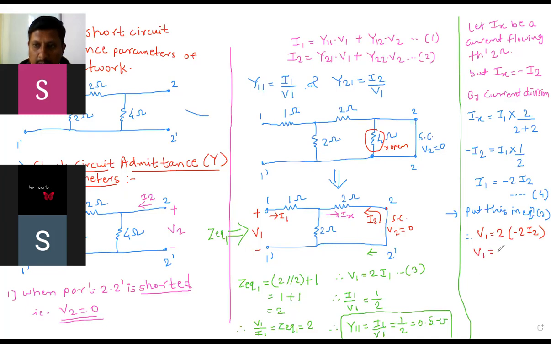So V1 is equal to minus 4 into I2. But what we want is I2 divided by V1. So I2 divided by V1 is equal to minus 1 by 4. So I2 divided by V1 means Y21 is equal to minus 0.25 mho. That is the answer of the second parameter Y21.